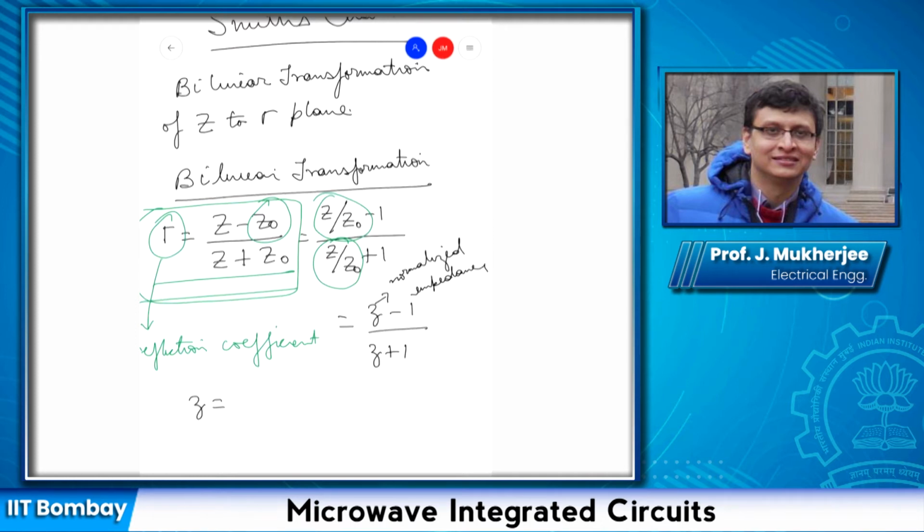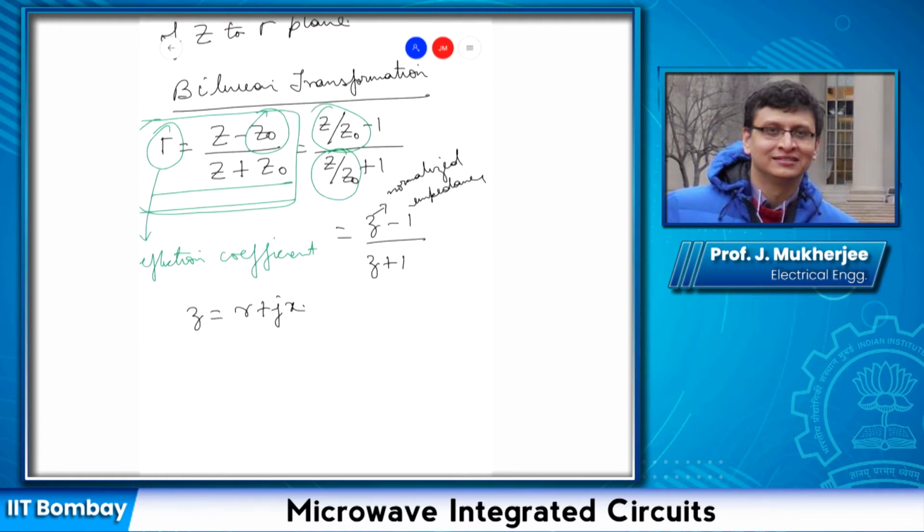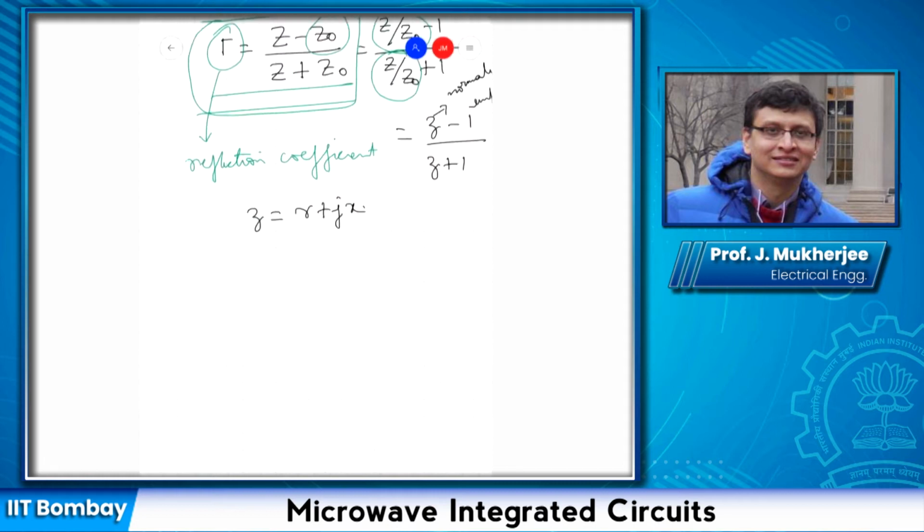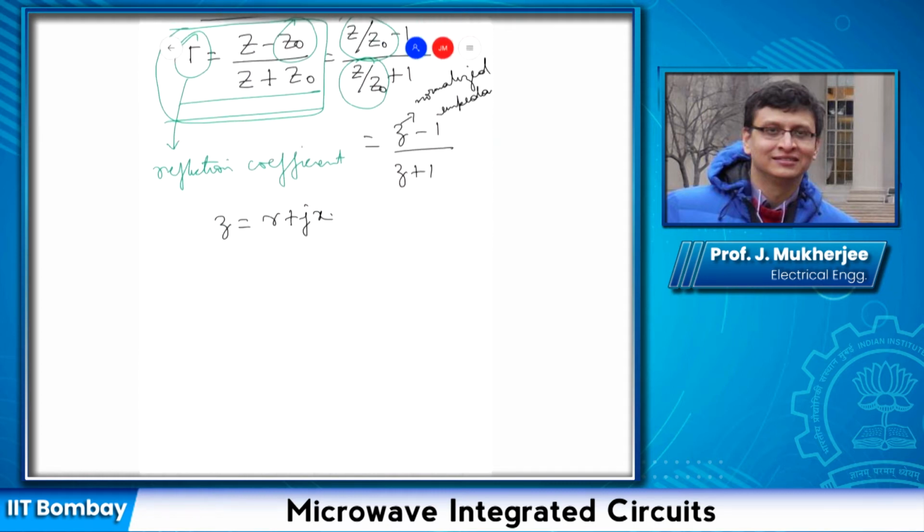And this Z is given by... So how does this transformation work then? Suppose we plot a series of lines like this in the Z plane.